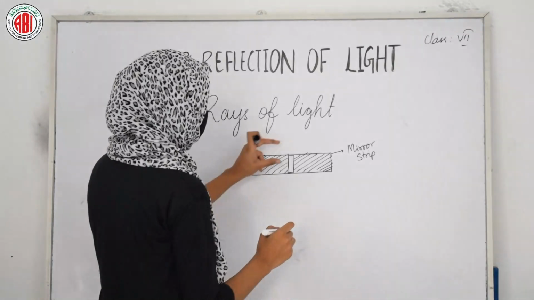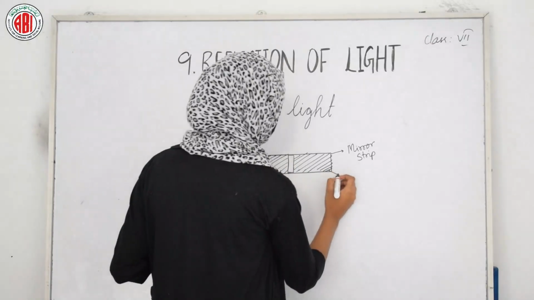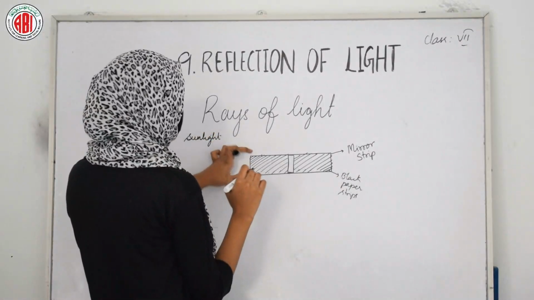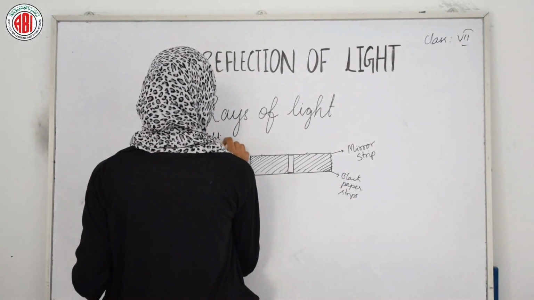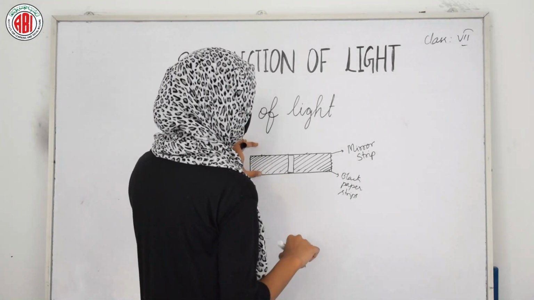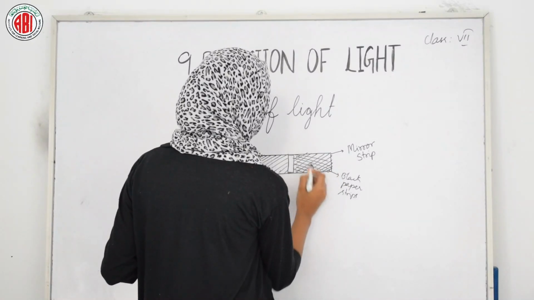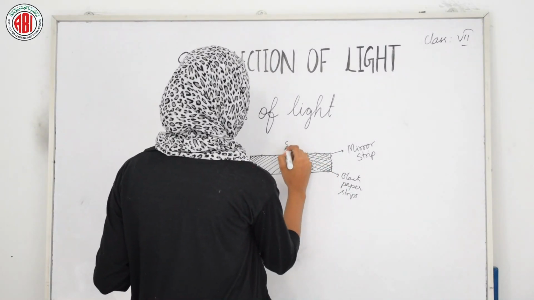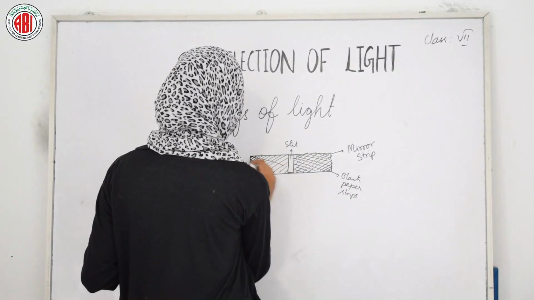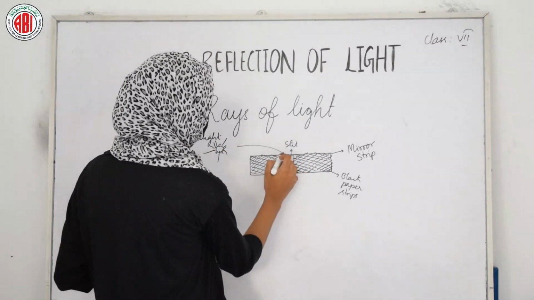Now after making a slit in the middle of this mirror strip that is covered with the black paper strip, take this mirror strip in the sunlight. When the sunlight falls onto this mirror strip, a slit is made, so the light passes through this slit.